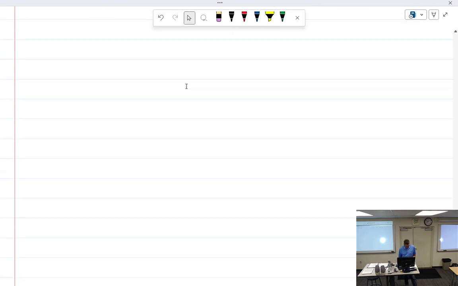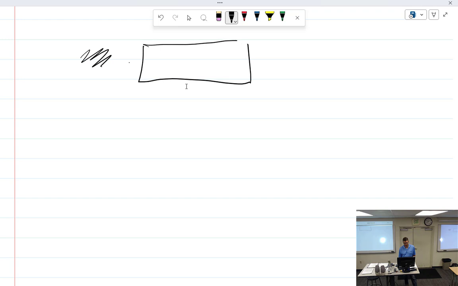A rectangular shaped fuel tank measures 27.5 inches in length. Oh, I better draw this one out. 27.5 inches in length, 3/4 of a foot in width, and 8 1/4 inches deep.